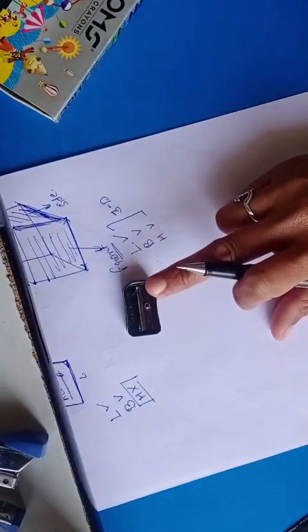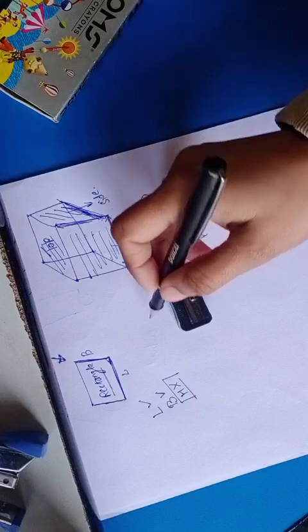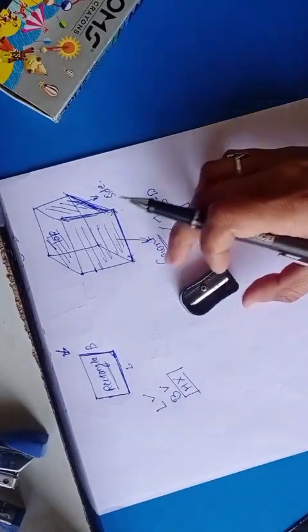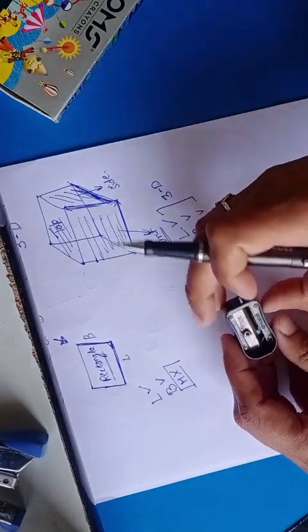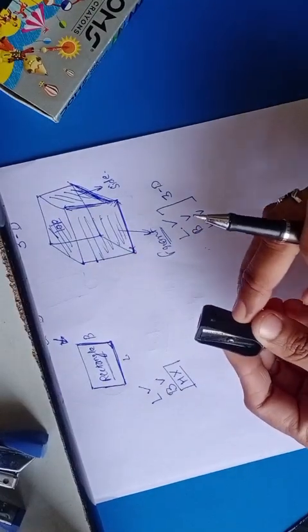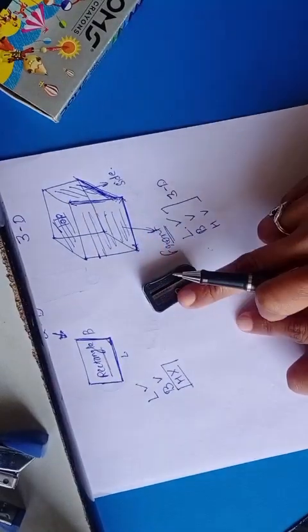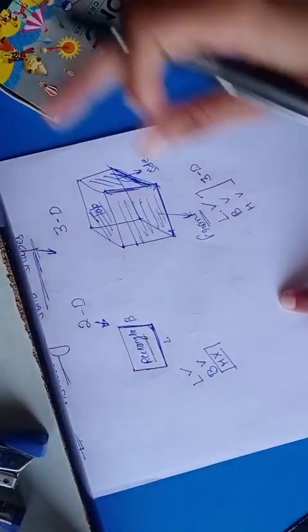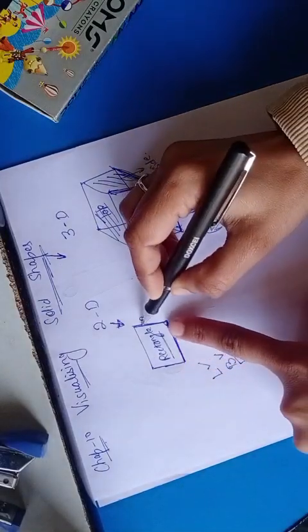This sharpener is also a 3D shape, because we can see the sharpener all around. We can see the top view, the front and back view, and this is the side view of the sharpener. That's why this is called a 3D shape. But on paper we can see only two sides, length and breadth.